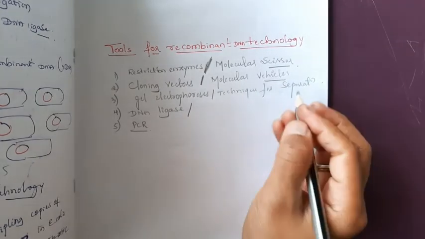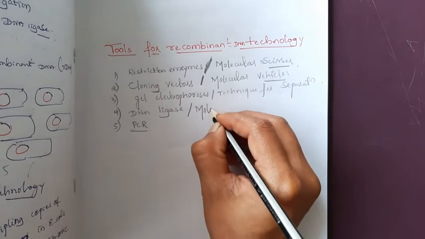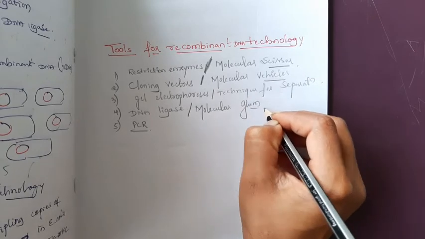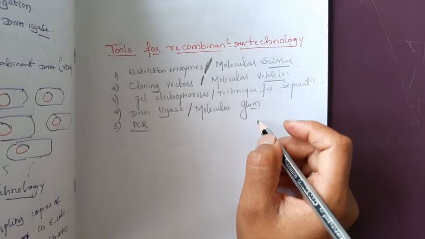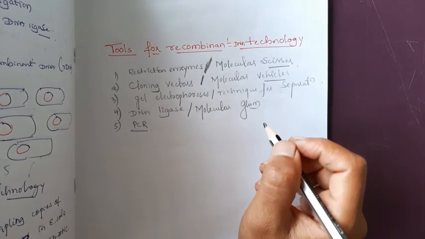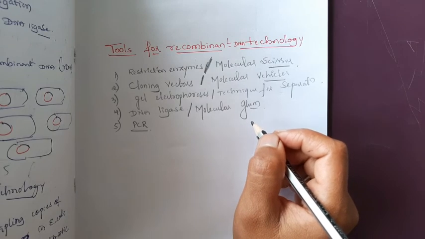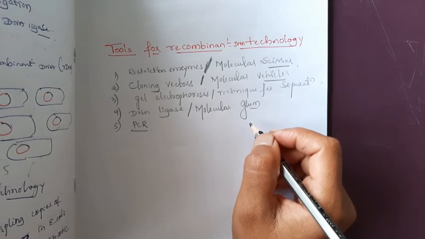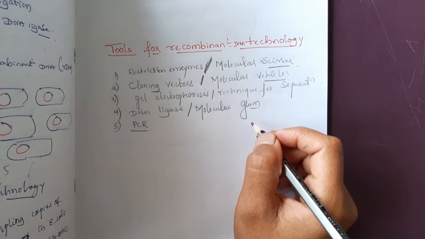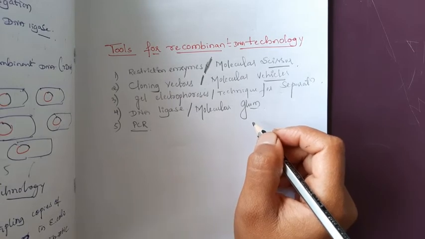DNA ligase is nothing but the molecular glue, just like a gum. We already discussed this DNA ligase while explaining DNA replication, after formation of Okazaki fragments, the discontinuous fragments, in the semi-conservative mechanism of DNA replication.